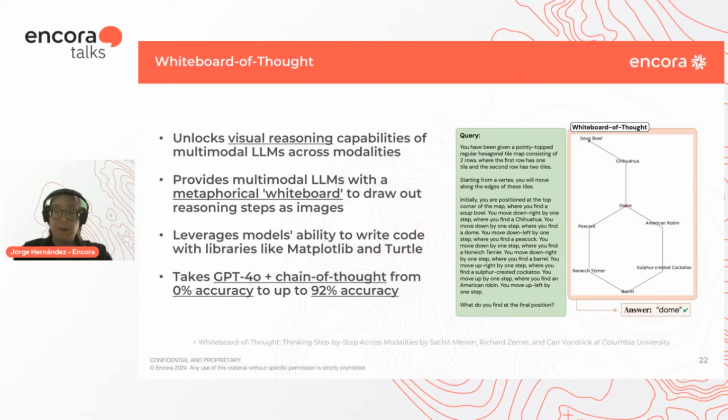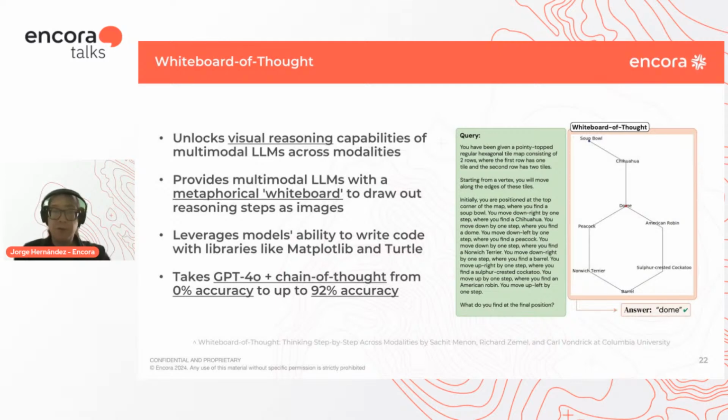Here, you can see on the right, there's this dialogue where they say start in this hexagonal map and move along these edges, move down to the right, move down to the left, and so on and so forth.